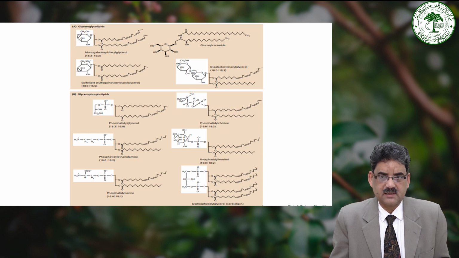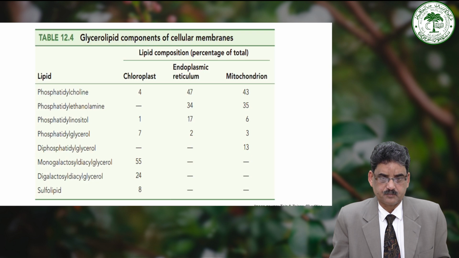Moreover, some examples of glycerophospholipids are phosphatidylglycerol, phosphatidylcholine, phosphatidylethanolamine, phosphatidylinositol, phosphatidylserine, and diphosphatidylglycerol, also called cardiolipin.